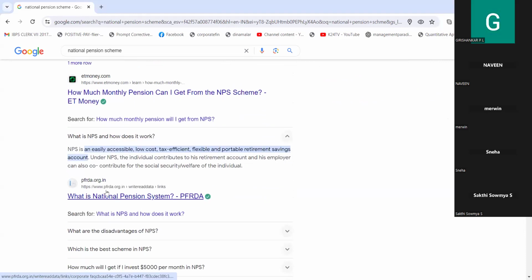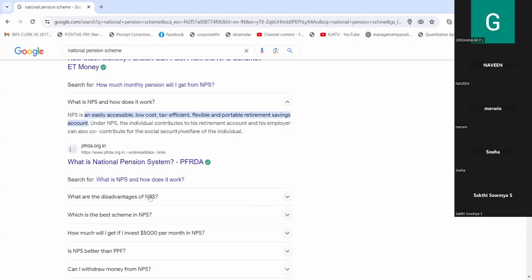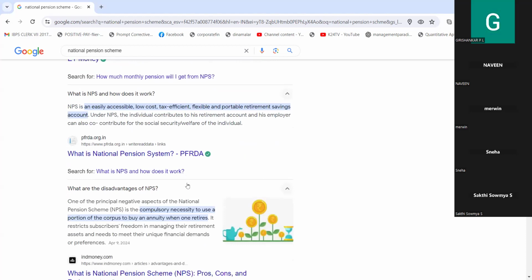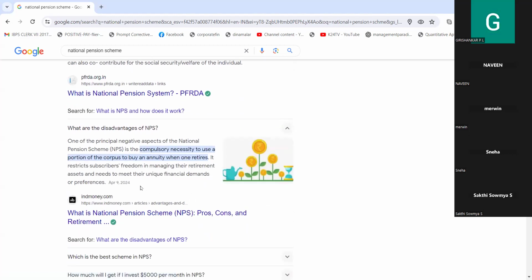How does it work? NPS is an easily accessible, low cost, tax efficient, flexible, and portable retirement savings account. Under NPS, the individual contributes to his retirement account, and his employer can also co-contribute to the social security welfare of the individual. What are the disadvantages of NPS?